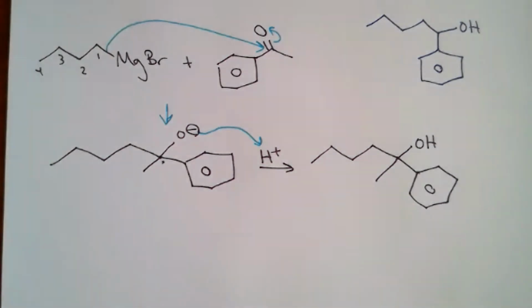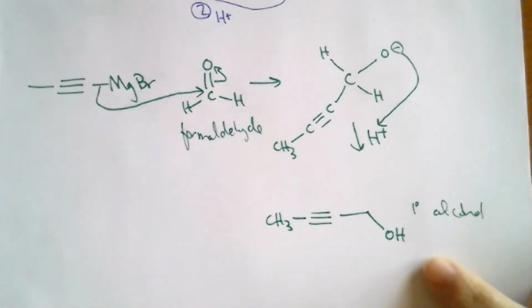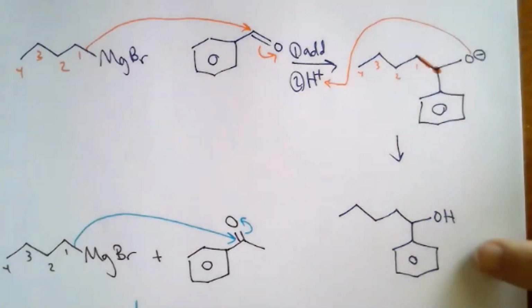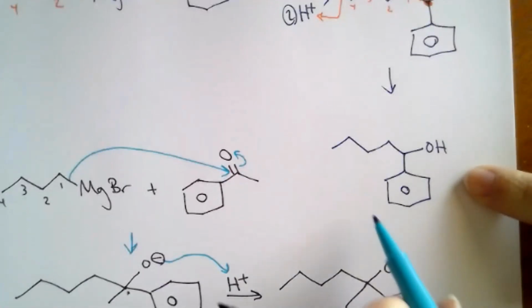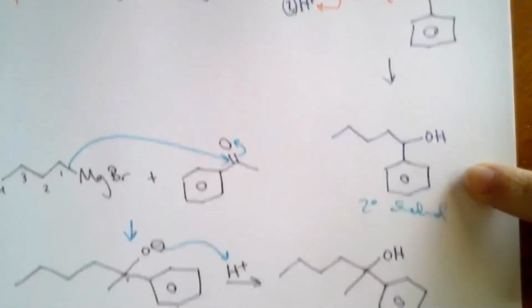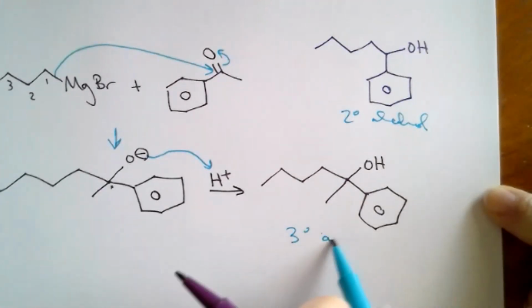Looking back at our previous example, when it attacked formaldehyde, we got what kind of alcohol? Primary. When it attacked the aldehyde up top, we got a secondary alcohol. When it attacked the ketone at the bottom, we made a tertiary alcohol.